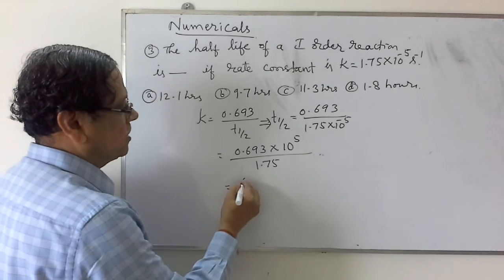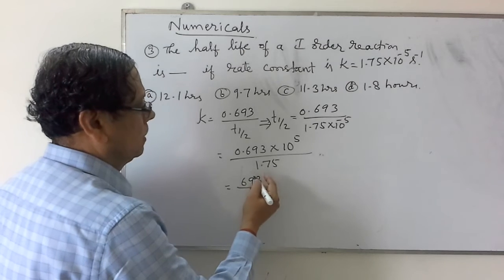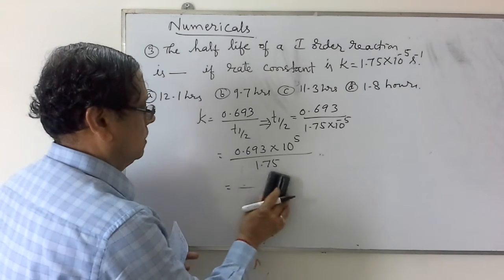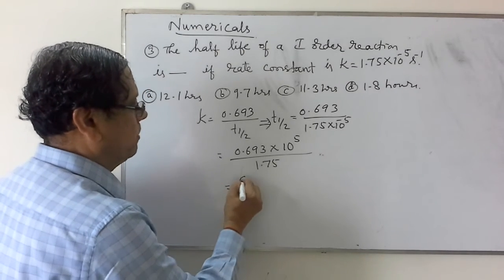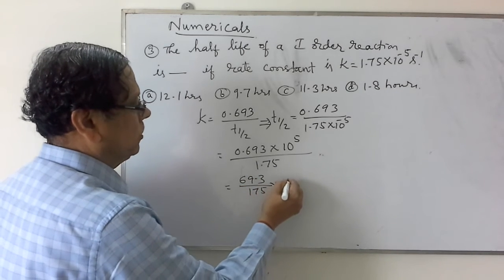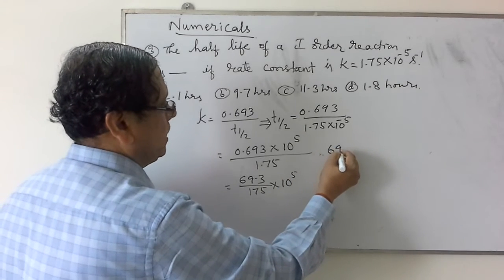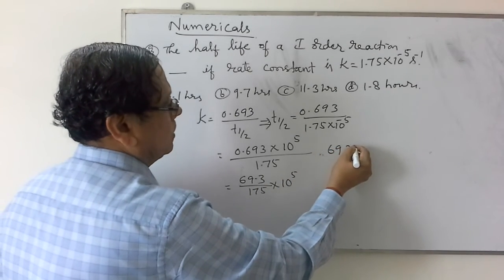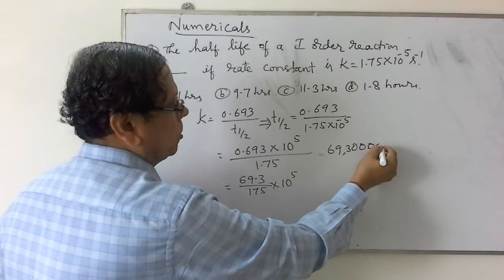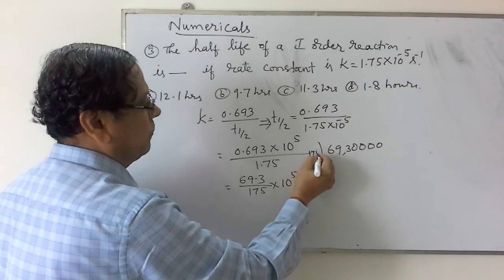I am writing this as 69.3 divided by 175 into 10 to the power 5. So you can take this as 69,3 with 4 zeros, because it is 10 to the power 5, divided by 175.